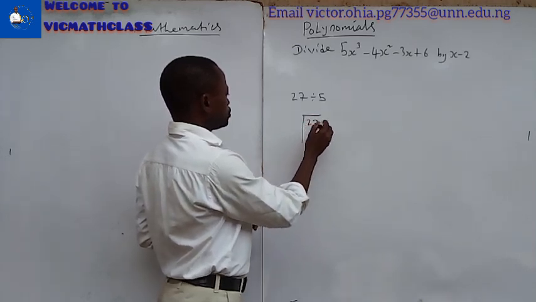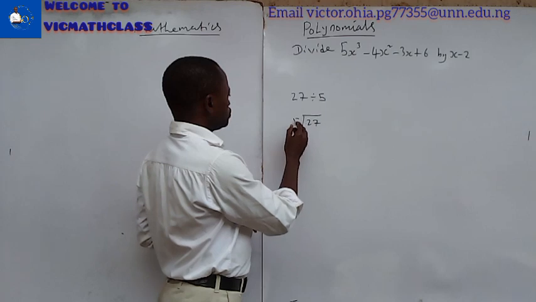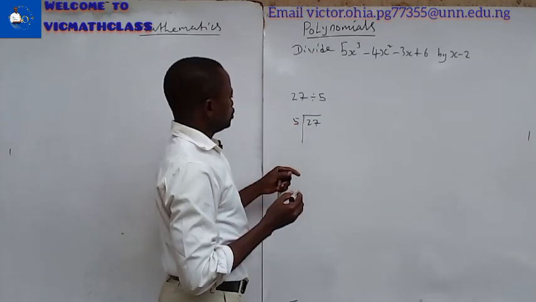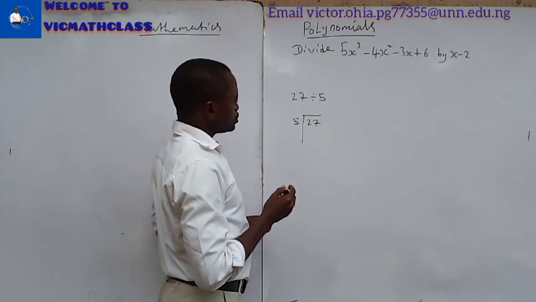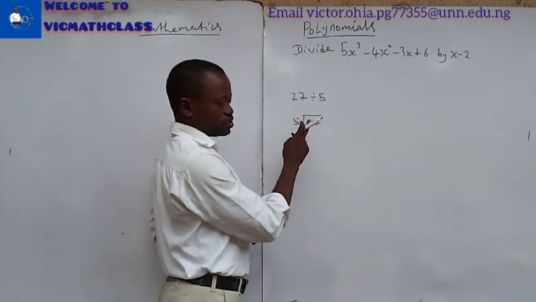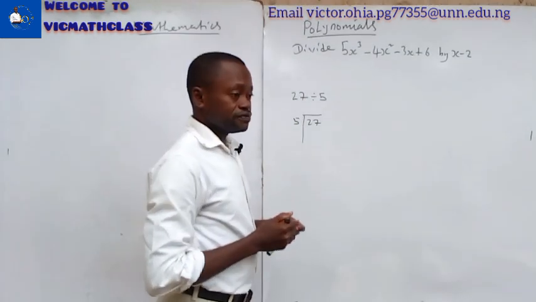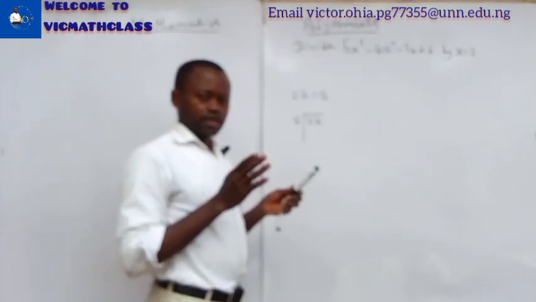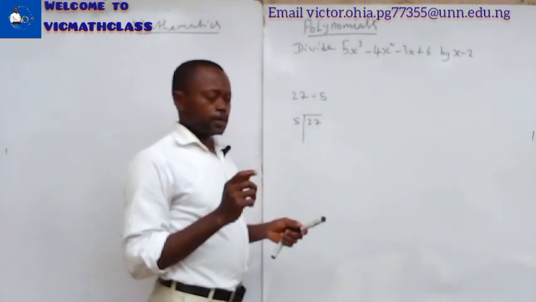This is 27, and this is divided by 5. This is the divisor. If 5 divides 27, 5 can divide 25 that is inside 27 and have 5 remainder 2.